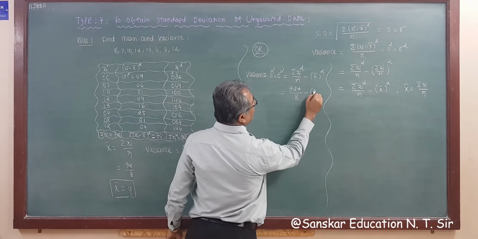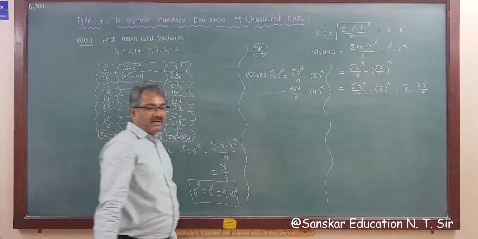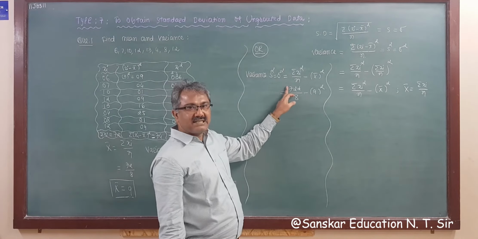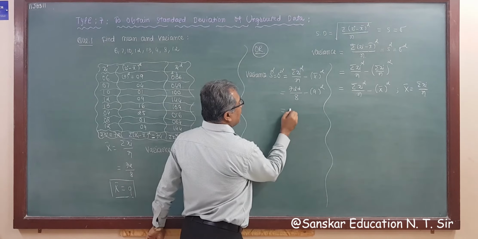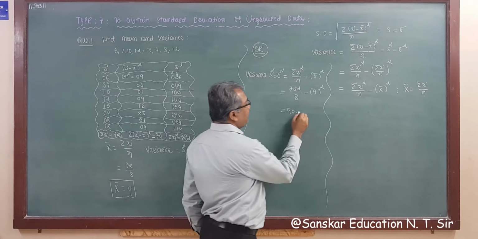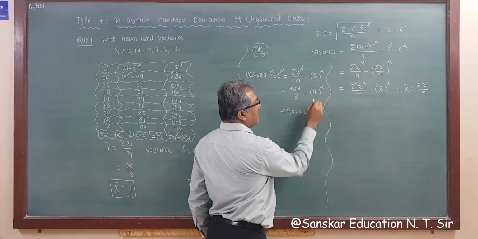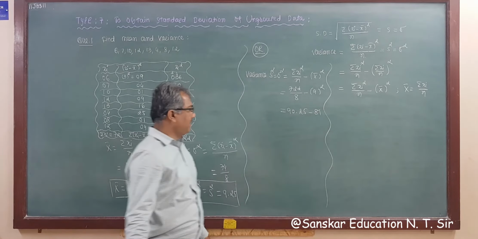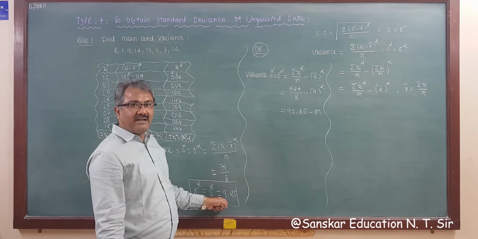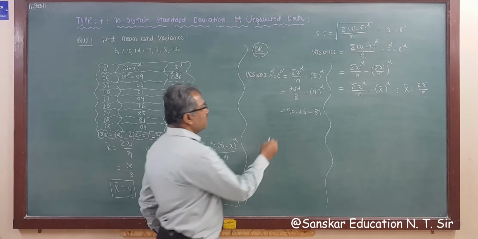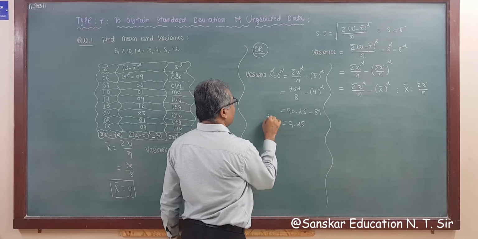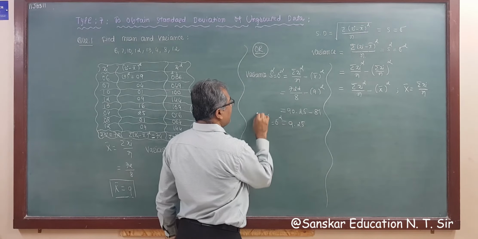So this is 9 whole square. 9 eights are 72, so this is 90.25, minus 81. So 90.25 minus 81 is again 9.25. So this is 9.25. So s square or sigma square is this.